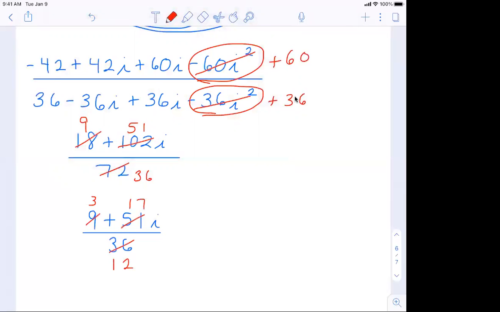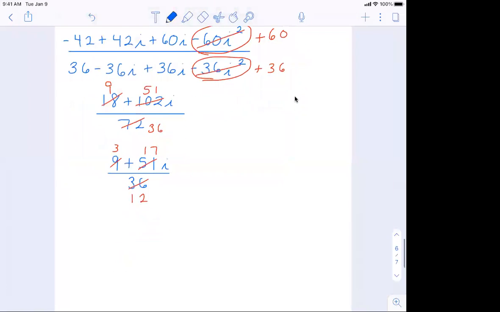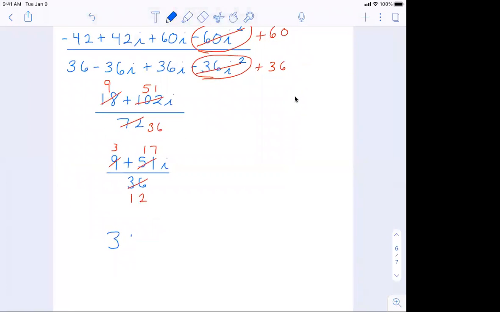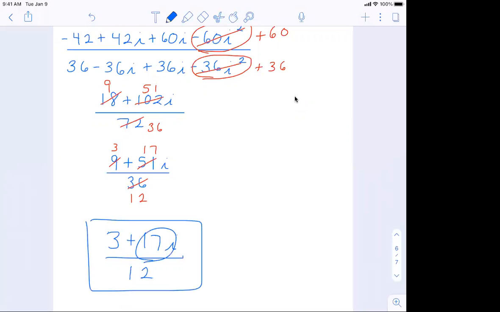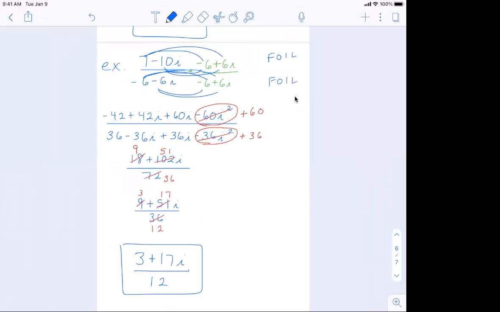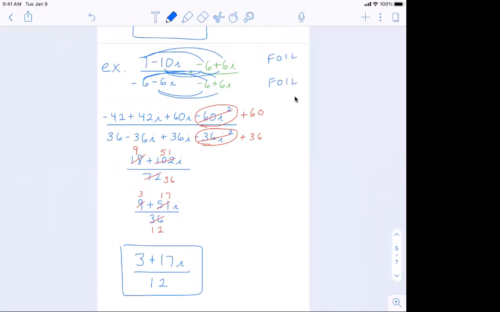And 3 times 12 is 36. And so now I think I have my final answer is 3 plus 17i over 12. And I'm confident about that because 17 is a prime and doesn't go into all those. So a little bit more work for that division, but not anything that's kind of outside of the realm of what we've been doing.